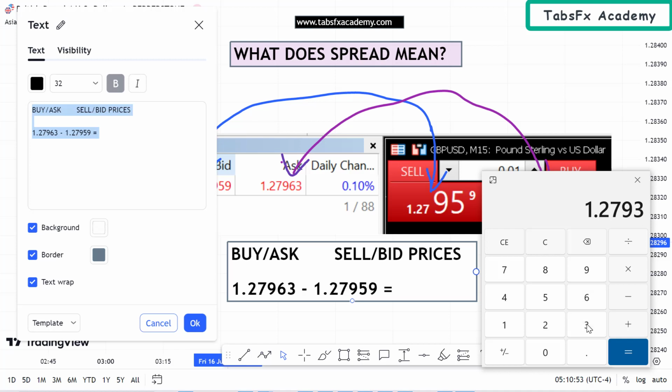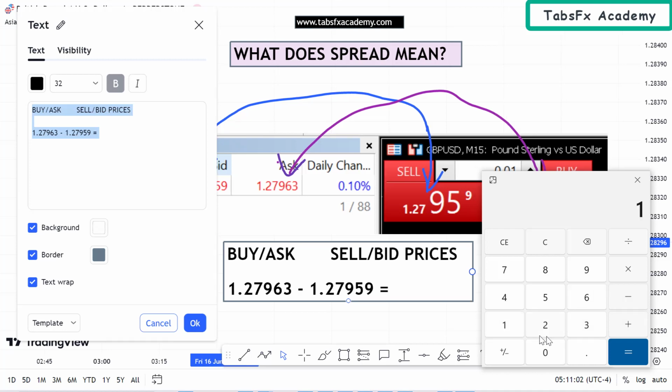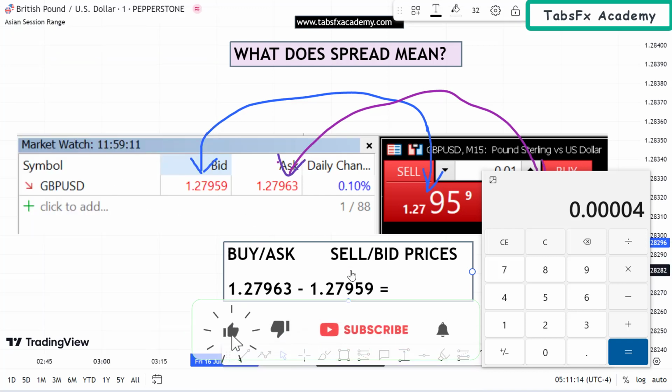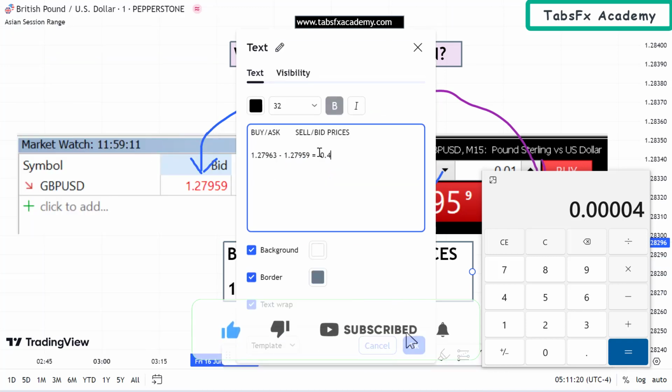1.27963 minus 1.27959. The number of pips that I've got here is 0.4 pips.